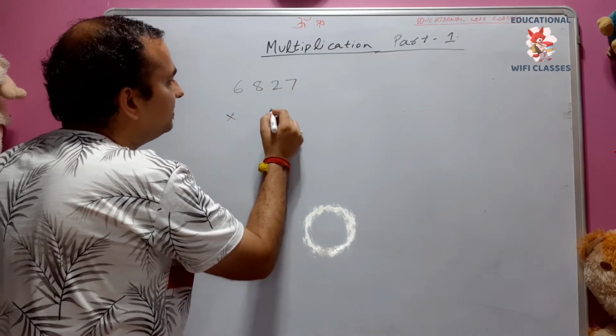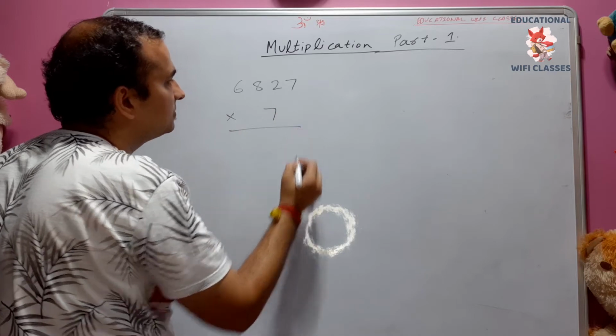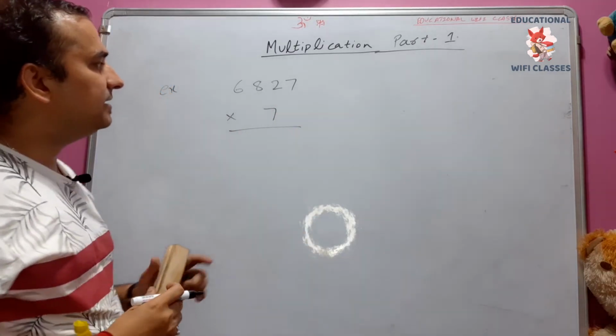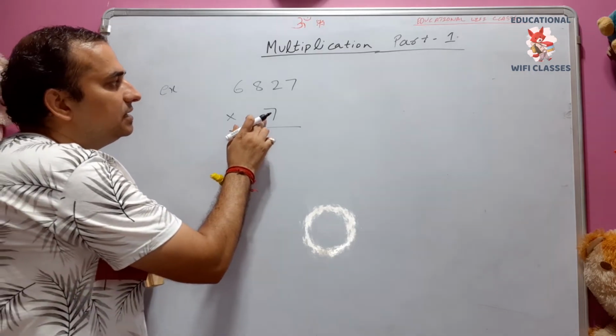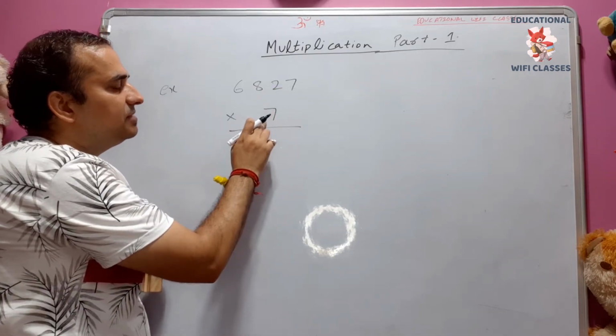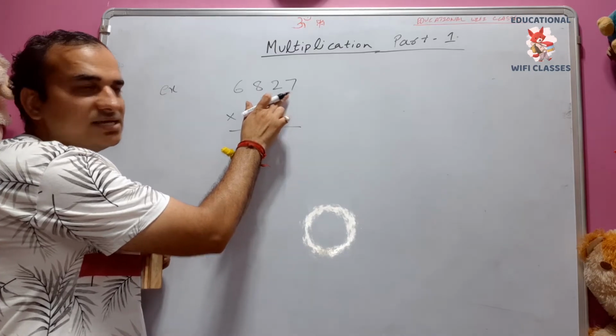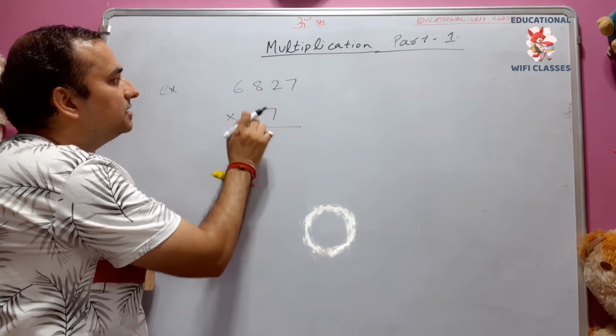6827 multiplied by 7. When we multiply by a single number, it will be multiplied by each place value. First we multiply with the units place, then the tens, then 100, and then 1000.